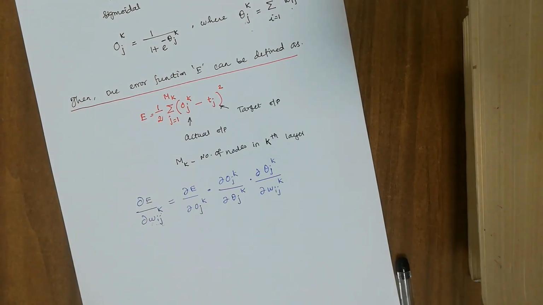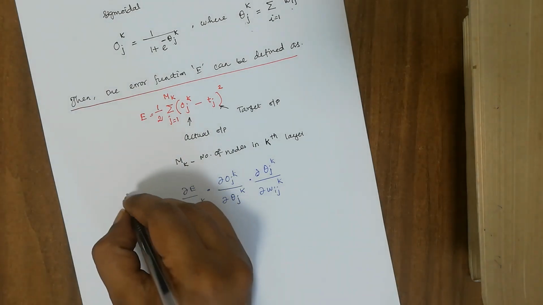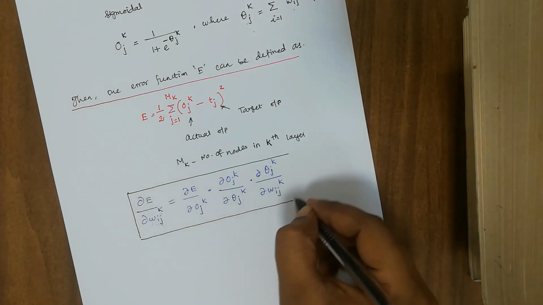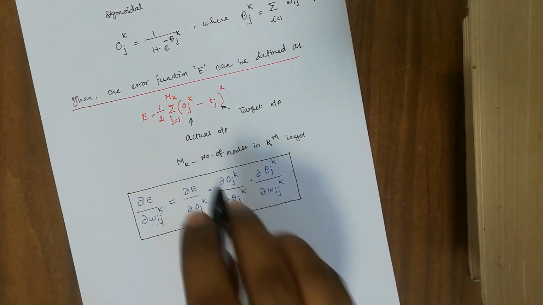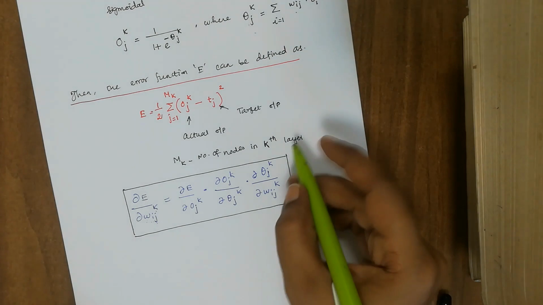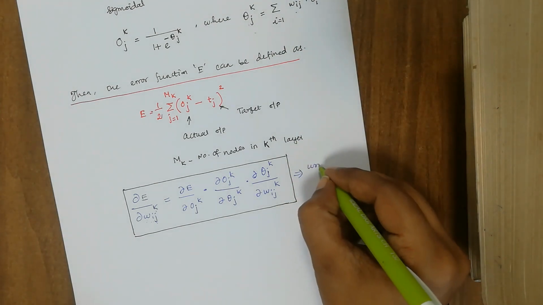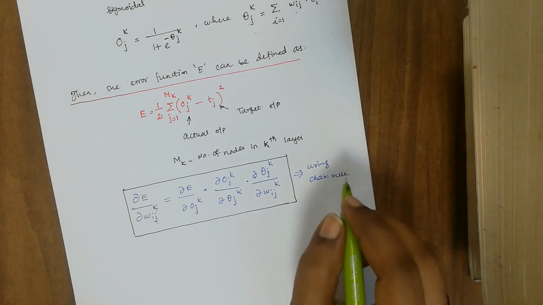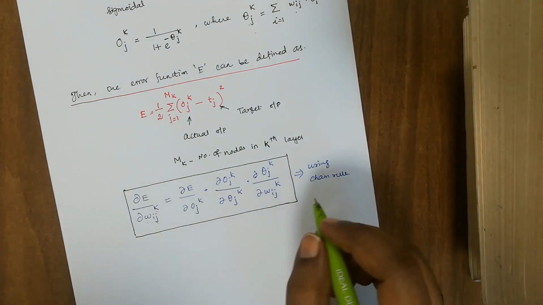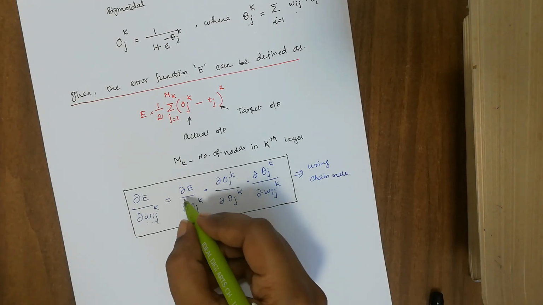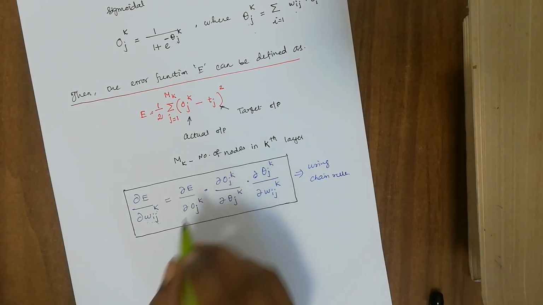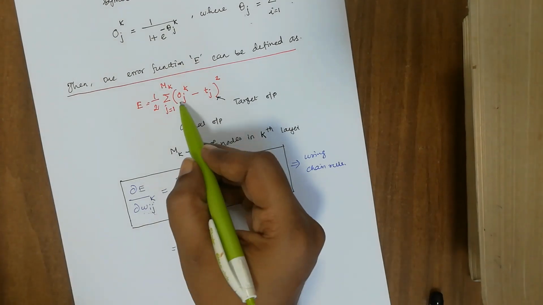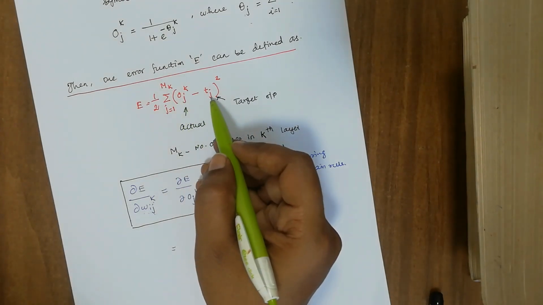Now we will make use of this chain rule to take the derivative of E with respect to Wij capital K. Let us see how we take this. Simply, ∂E by ∂Oj is nothing but Ojk minus Tj.